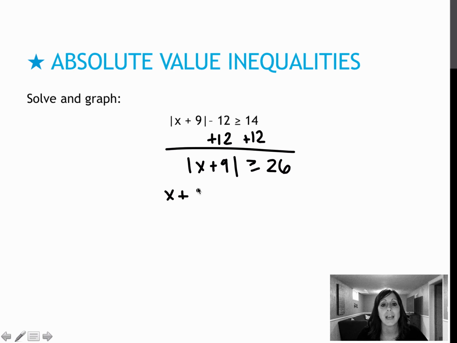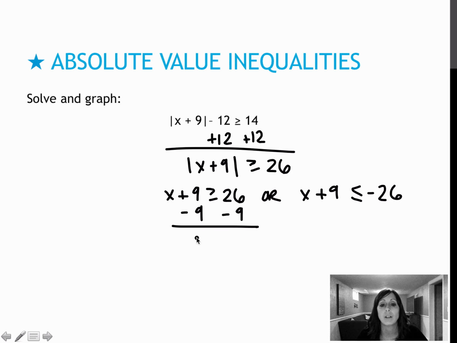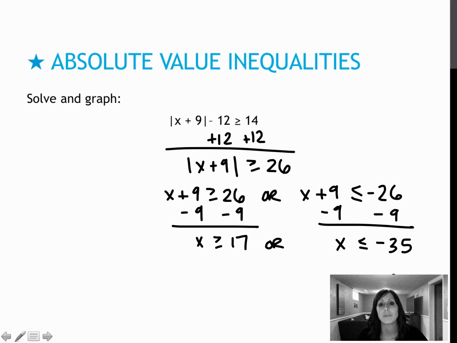So I will write x plus 9 is greater than or equal to 26, or x plus 9 is less than or equal to -26. I solve each inequality using inverse operations, and that gives me my two answers of x is greater than or equal to 17, or x is less than or equal to -35.